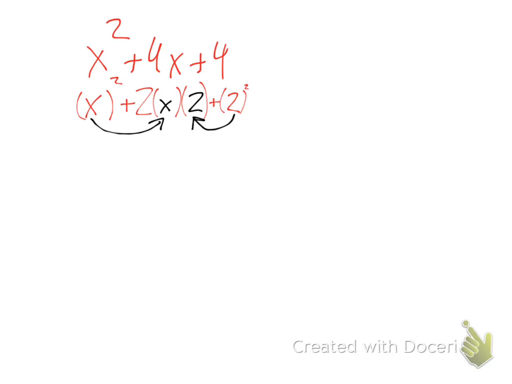Check. So actually I might have to go back and fix my steps. I was going the other way. Check. Does this equal that? Does 2 times x times 2 equal 4x? Yes. Therefore, it is the first and the last number added together squared. Done. Factored.